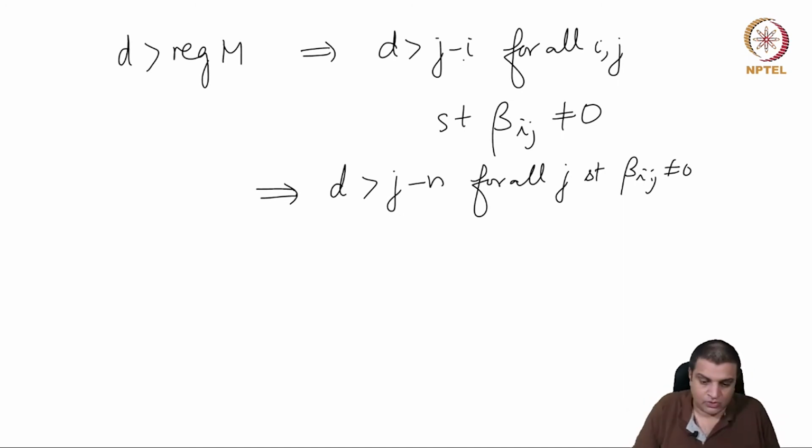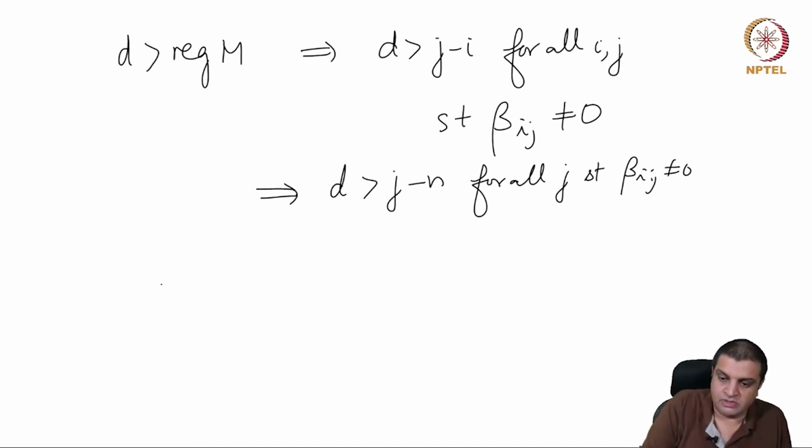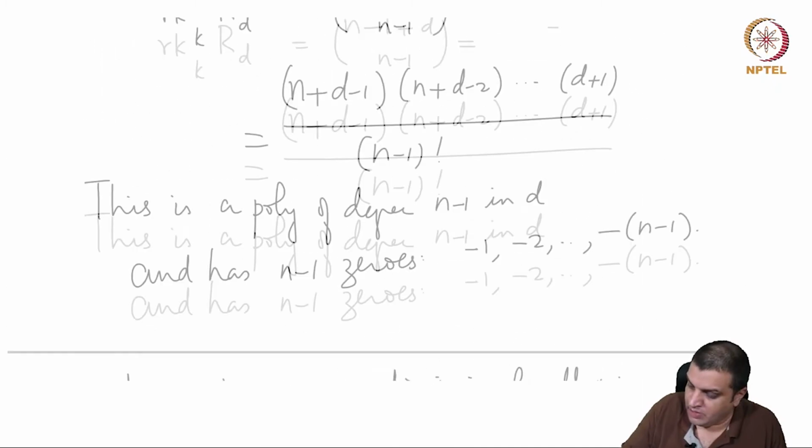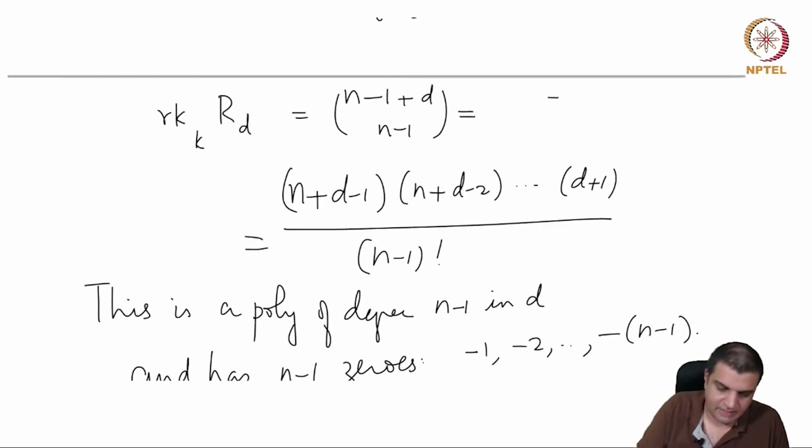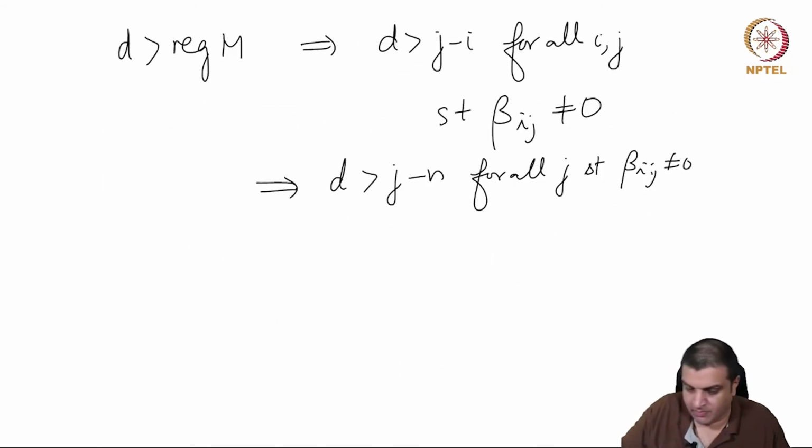So now let's go back to what we have. We know this is the rank of RD. What is the rank in degree D of R minus J?